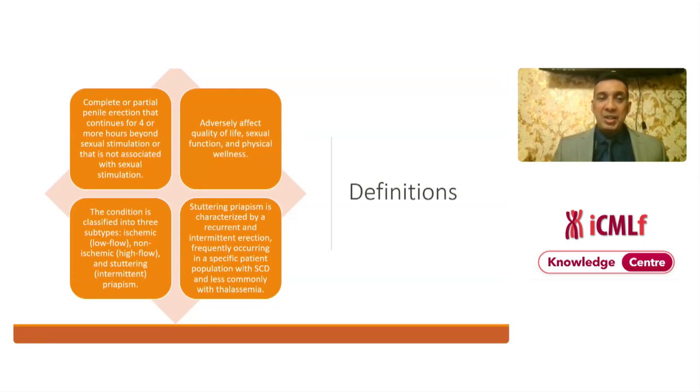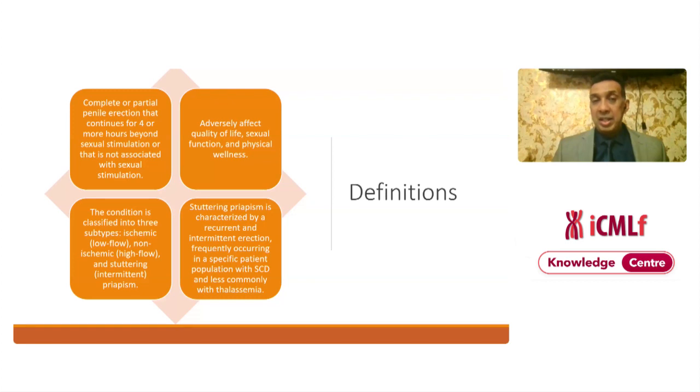The condition is classified into 3 subtypes: ischemic, or what is described as low flow priapism, non-ischemic, in another way described as high flow priapism, and the third type is stuttering or intermittent priapism.